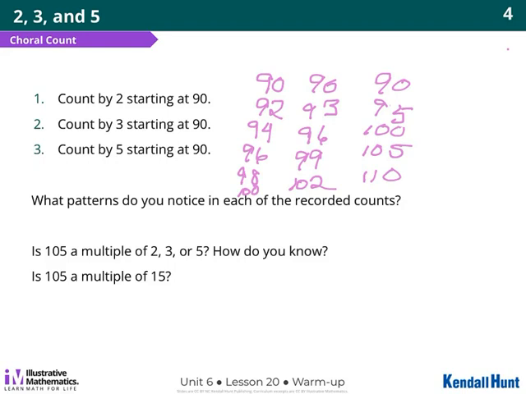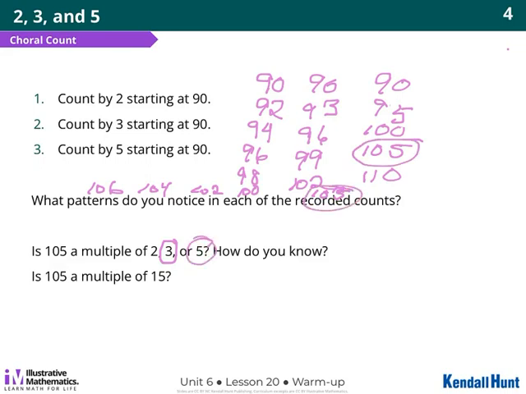It's a multiple of 3 and 5, because if you start at 90, if you count by 3s, you'll get to 105, and if you count by 5s, you'll get 105, but if you count by 2s, you'll skip right past it. So it's a multiple of 3, and it's a multiple of 5.